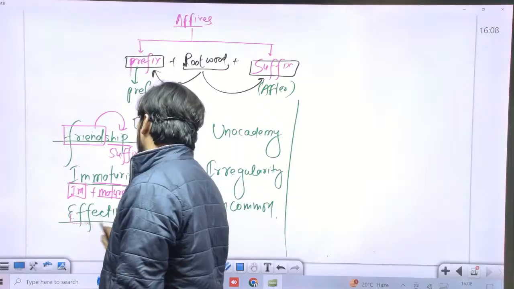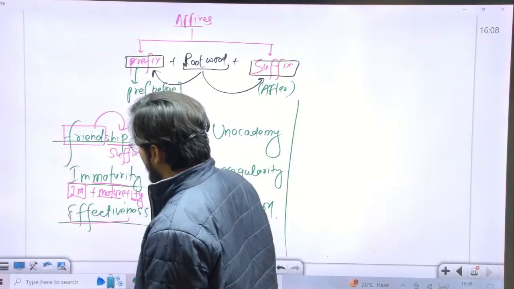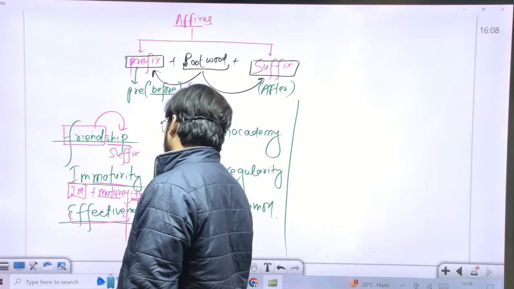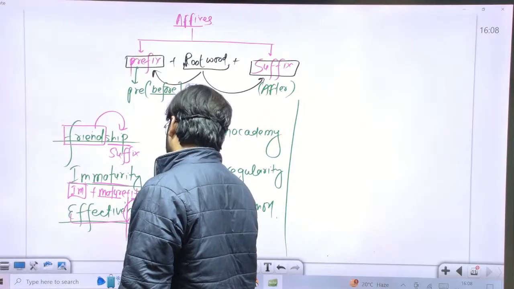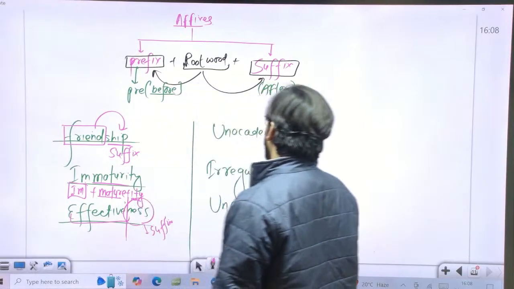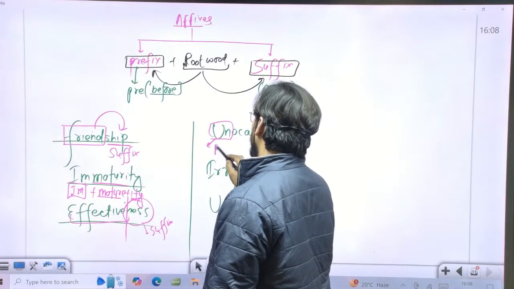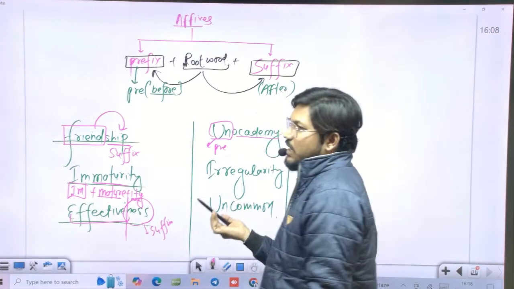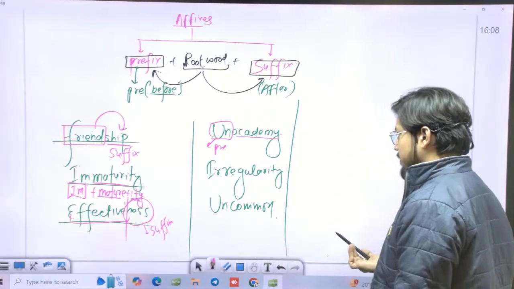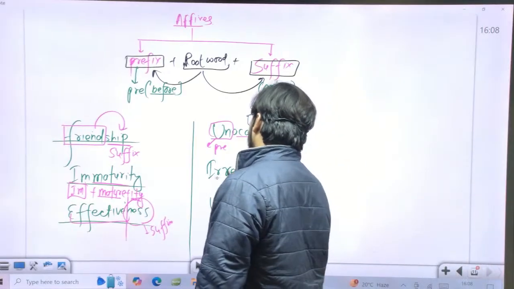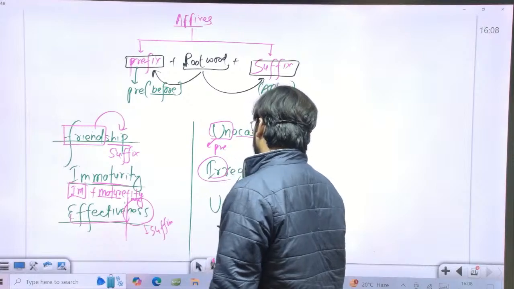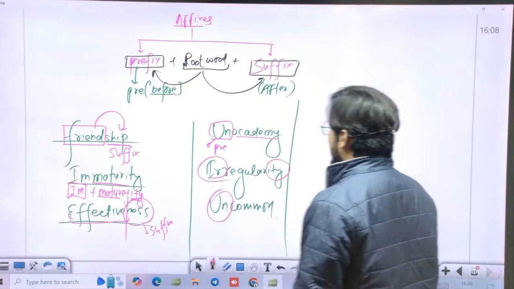Effectiveness: effect, you might have heard. So ness is a suffix. Then we had unacademy. Un is your prefix. Academy you might have seen or heard. Irregularity, ir and ity. Uncommon.